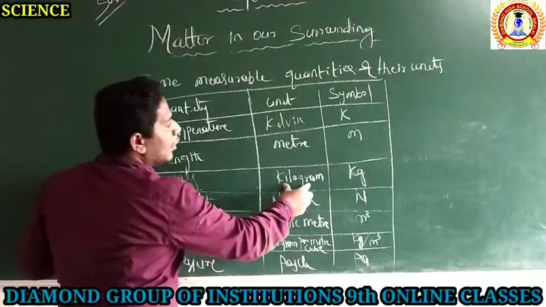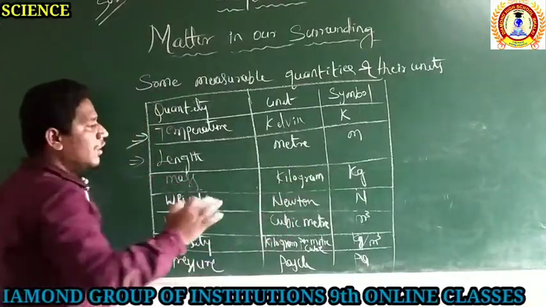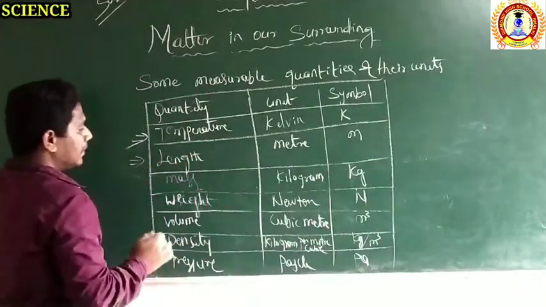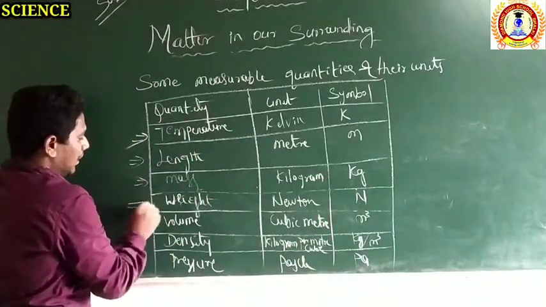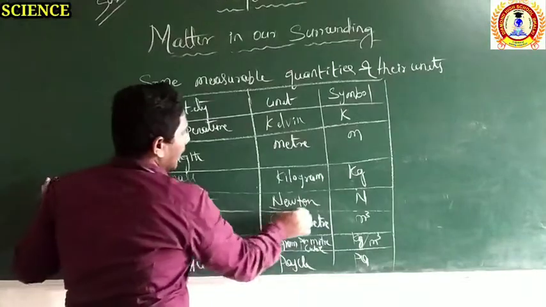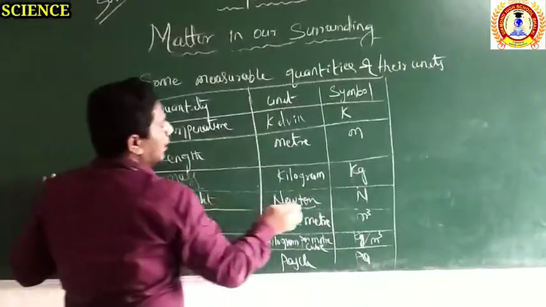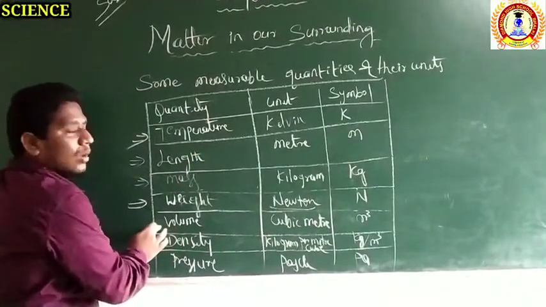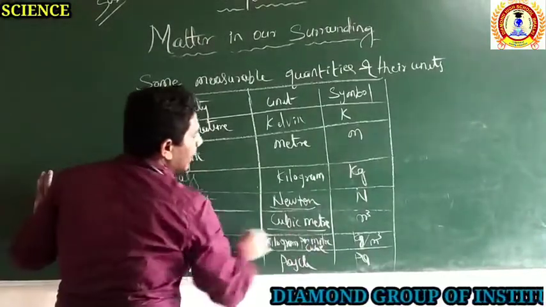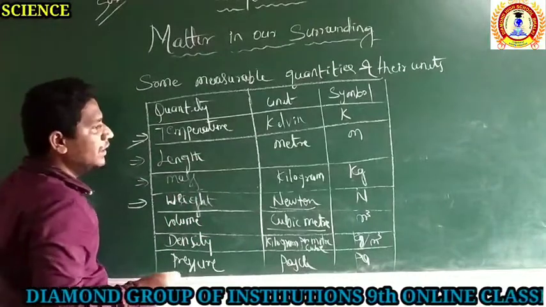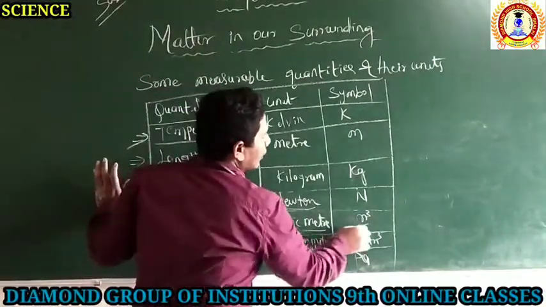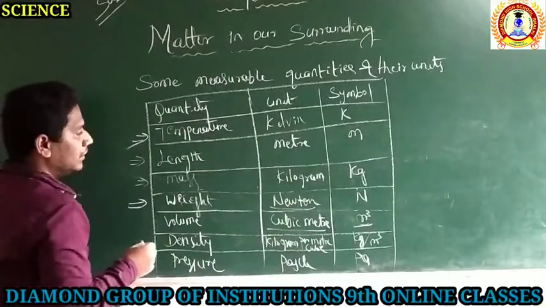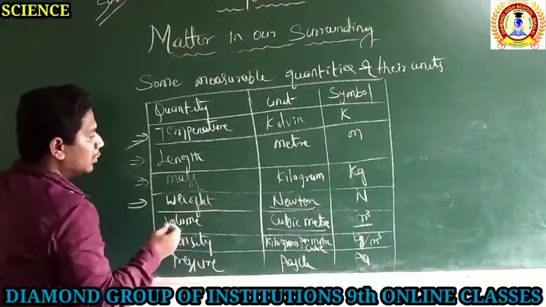Mass is measured in kilograms, right? Mass is always measured in kilograms, symbol kg. Weight is measured in Newtons, and it is always written as N. Volume is measured in cubic meters, denoted by the symbol m3, that is meter cube.